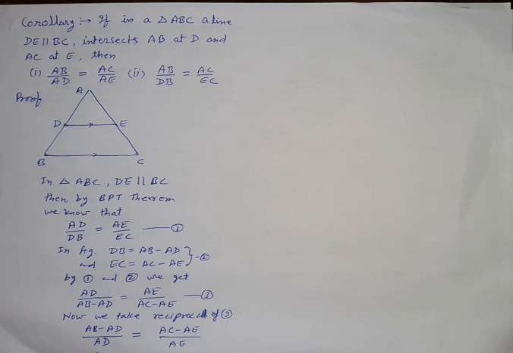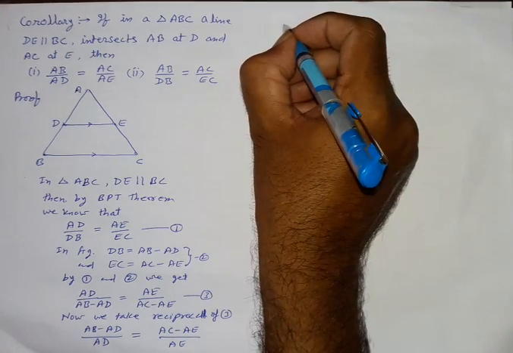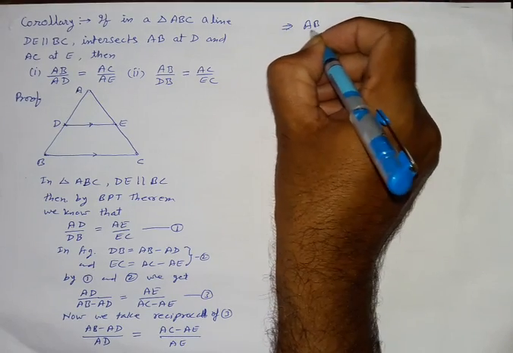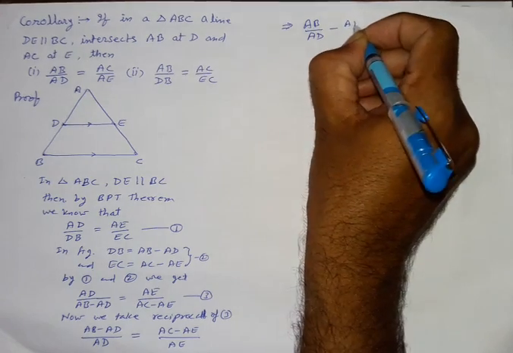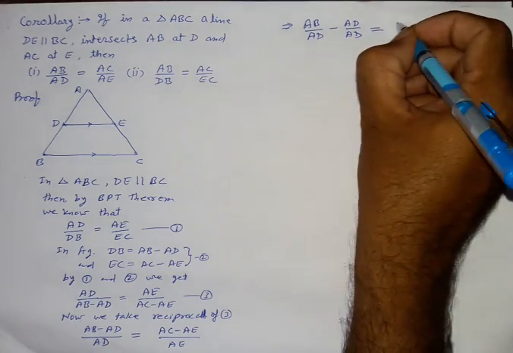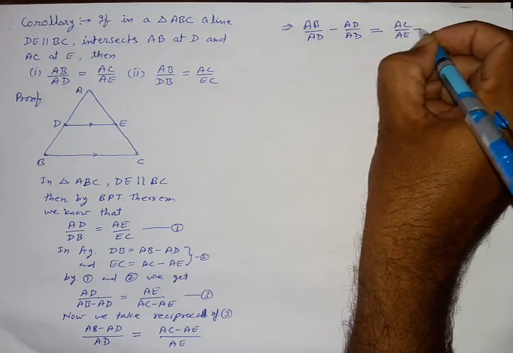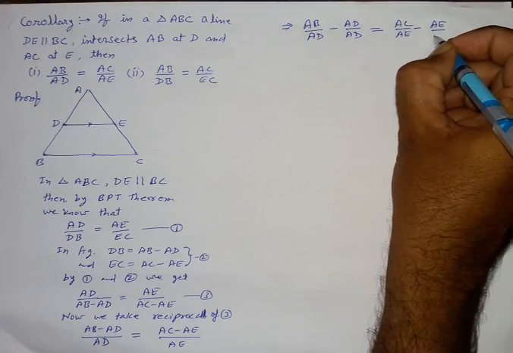And now we divide both these terms by AD and both these terms by AE. We get AB upon AD minus AD upon AD is equal to AC upon AE minus AE upon AE.